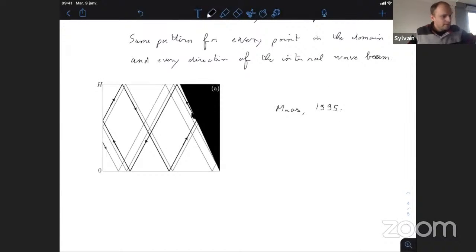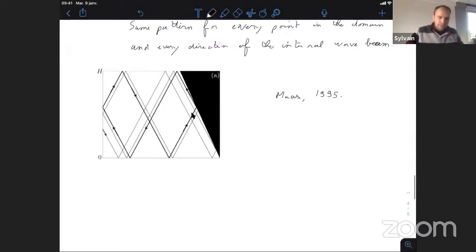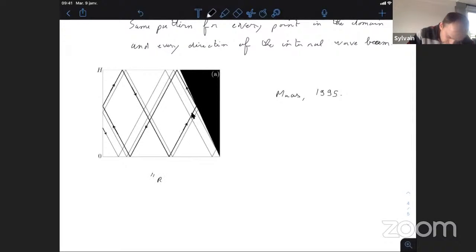Okay. And this is, you have a range of frequency for the, and it is visible. It happens for different range of frequencies, and this is why we can see it.